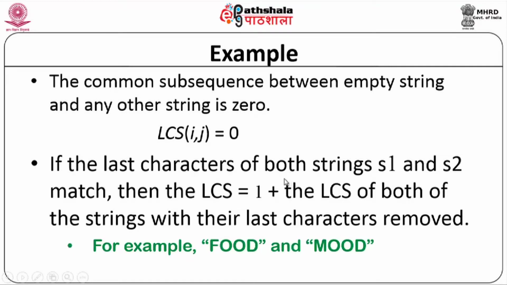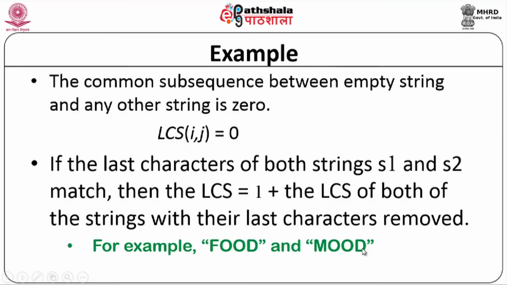Suppose the last characters of strings S1 and S2 match, then recursively we can say LCS is nothing but 1 plus the LCS of both the strings with the last characters removed. For example, you take food and then you have mood. The last character is D, so there is a match.